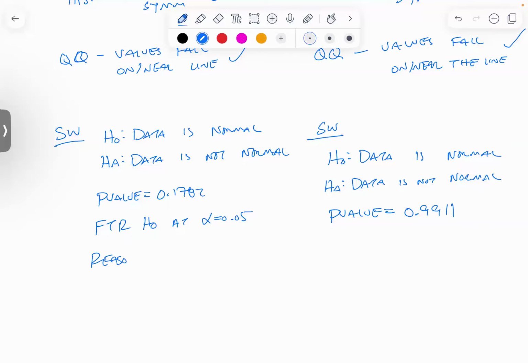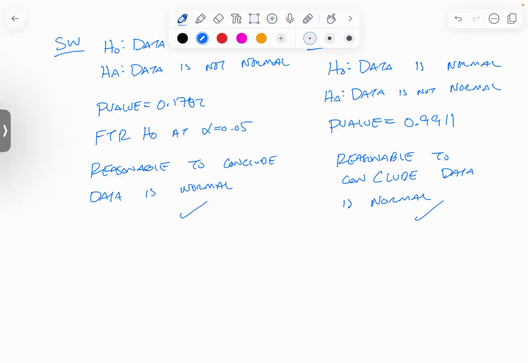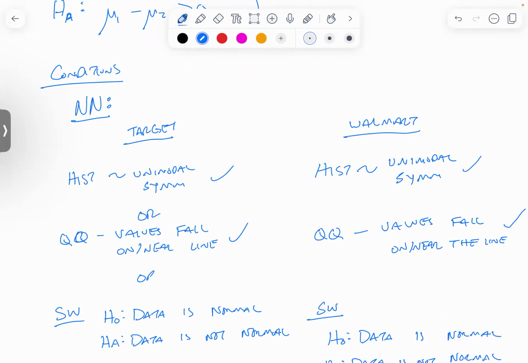It's reasonable to conclude data is normal. So these are "or" conditions. I just want to keep emphasizing that.